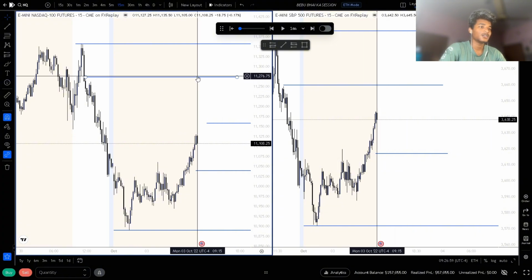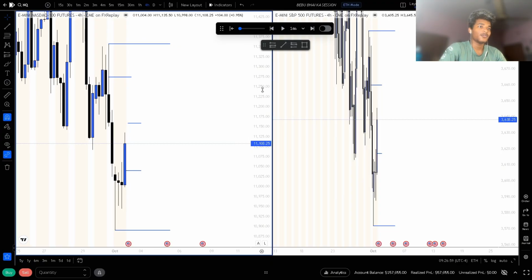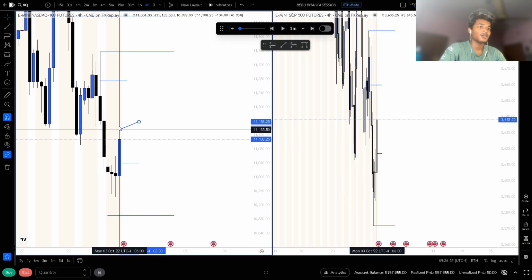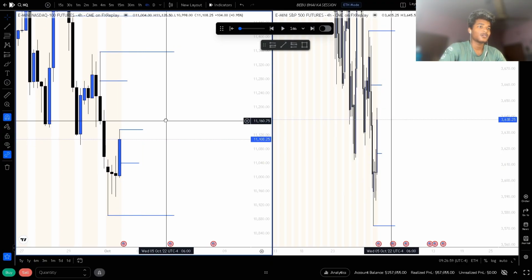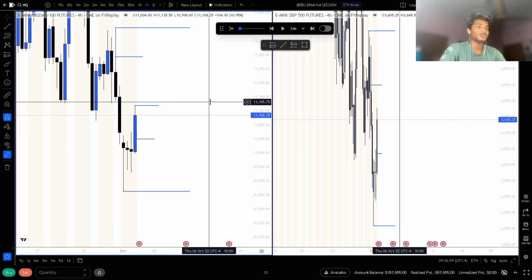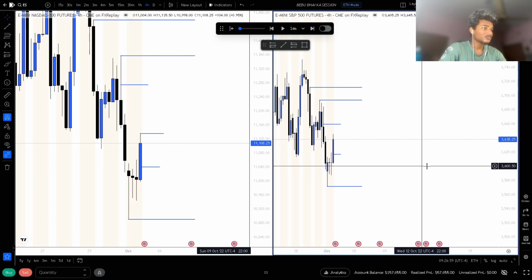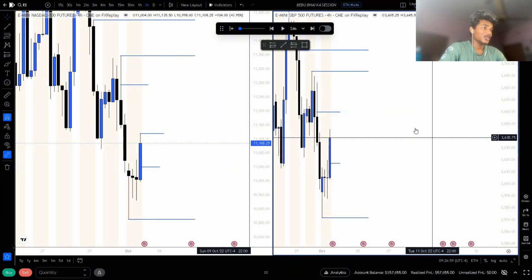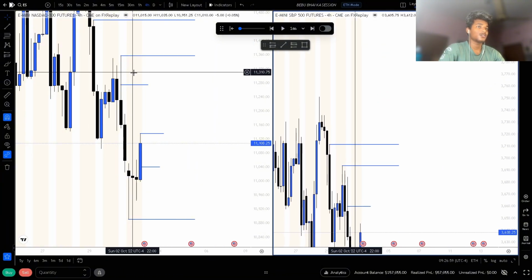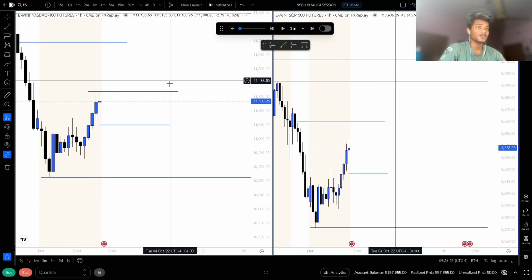Let me see the 4 hour again. So 4 hour we have this draw. Oh no. We have only this draw in 4 hour, and on ES we have this draw, 5 hours, and this draw below us in the 1 hour.